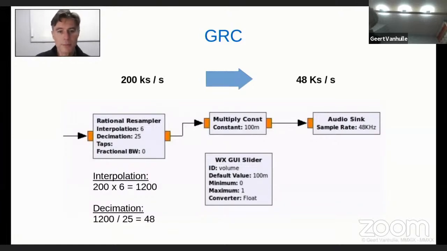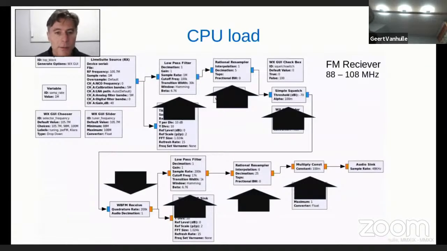Now, considering what we've been talking about so far on this flow graph, what one can realize is that every block on our flow graph here is putting stress on our CPU. All these samples need to be processed in all of these blocks, and not only do they need to be processed, they need to be processed rapidly, because the next block every time needs the previous samples processed before it can work.